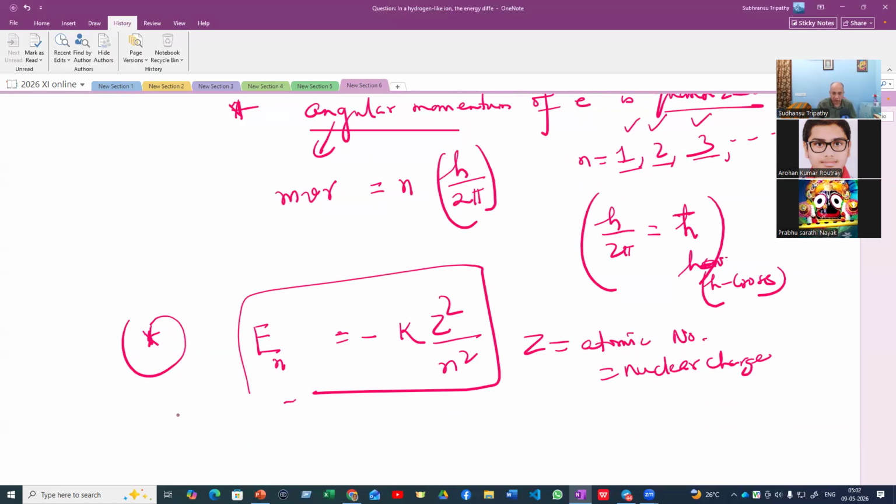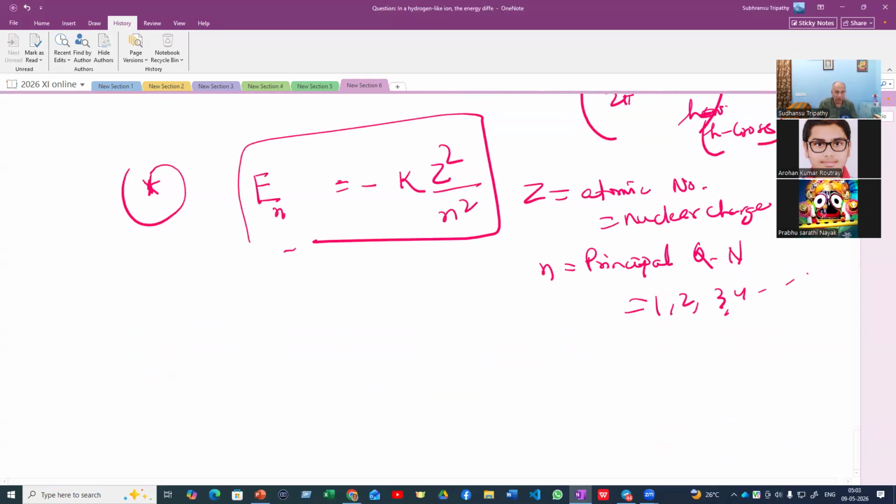And n is the principal quantum number, 1, 2, 3, 4, and so on. The constant k, let me tell you, because we'll be solving problems, is 2.18 times 10 to the power minus 18 joule per atom.